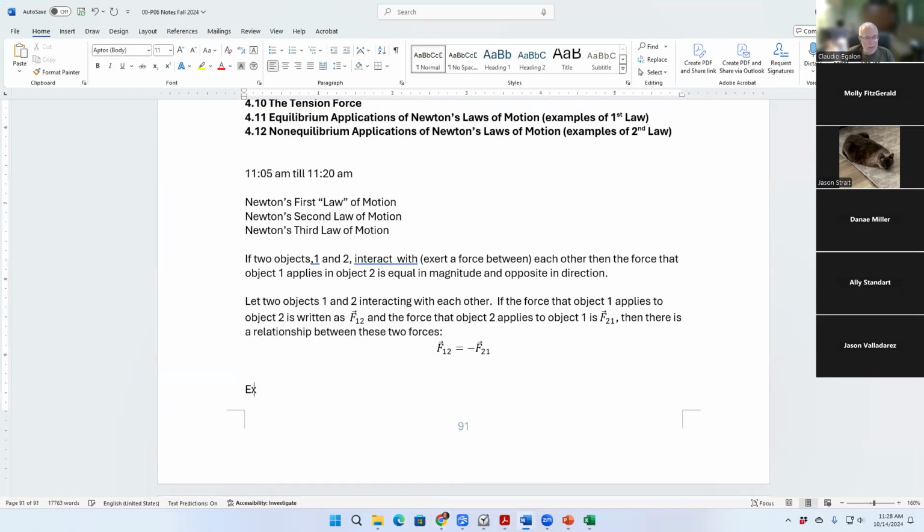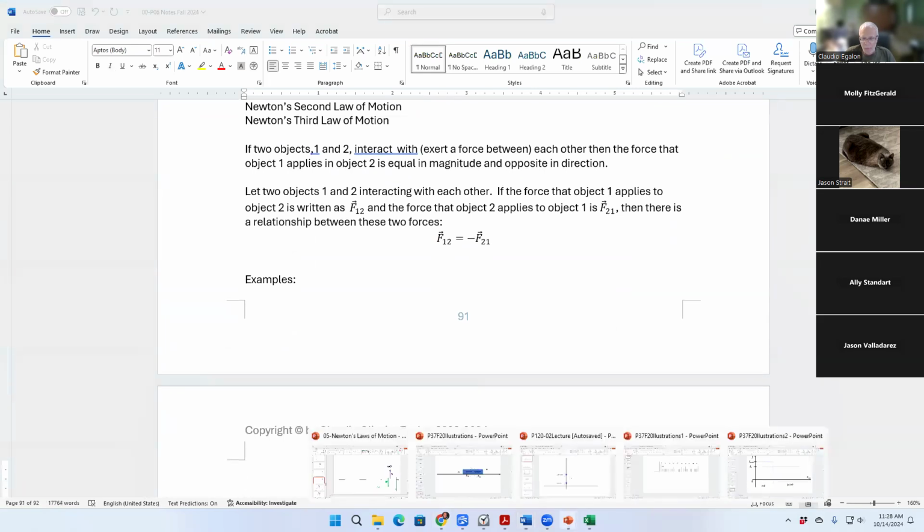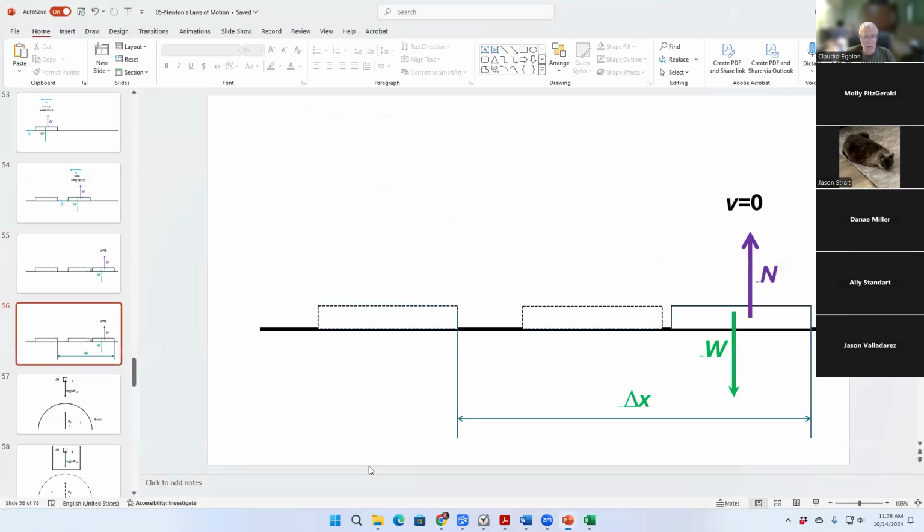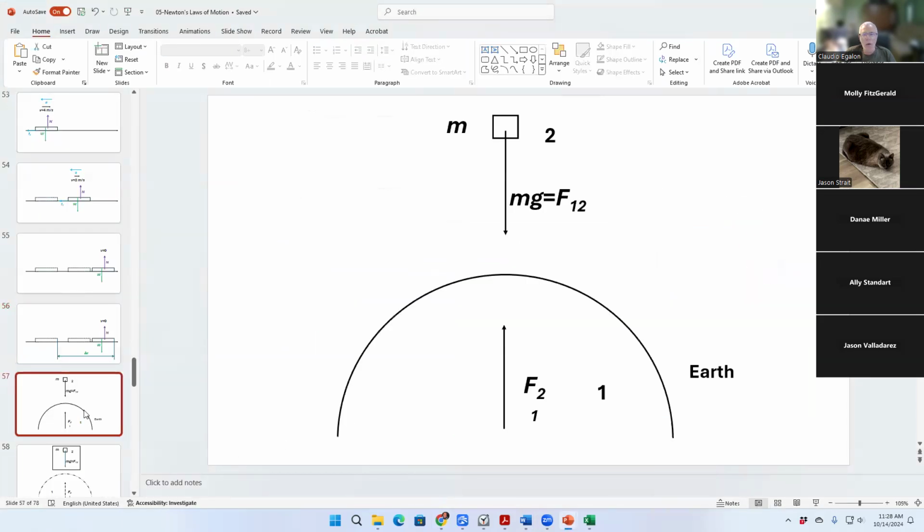Examples. So I'm going to give you some examples. Consider this case of a mass above the surface of the Earth. This mass may be in free fall. Earth is object number 1.